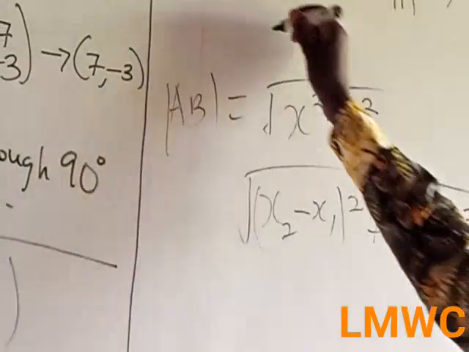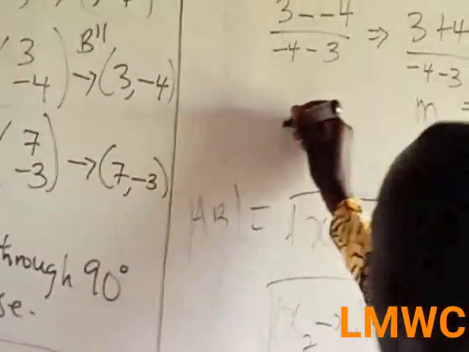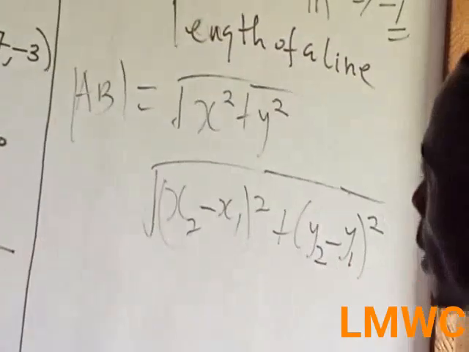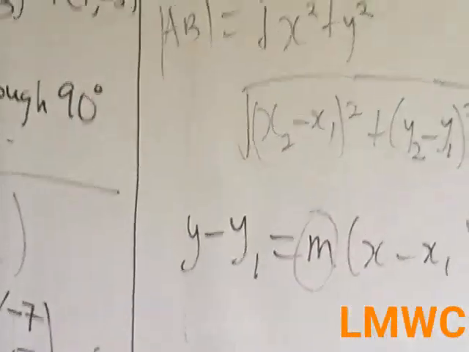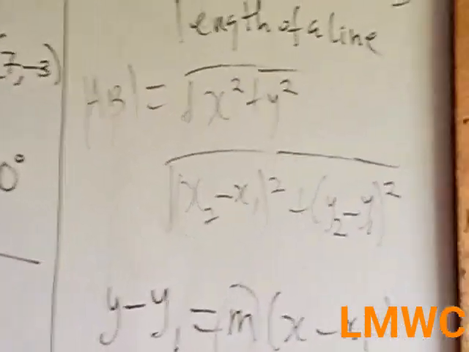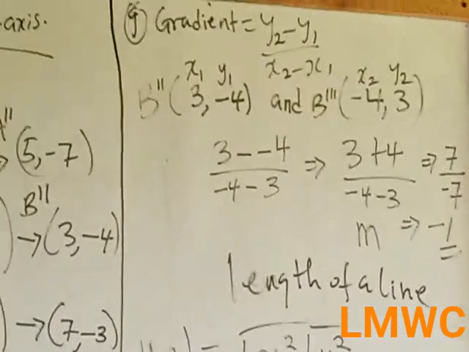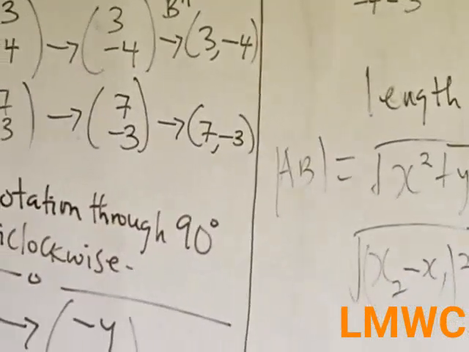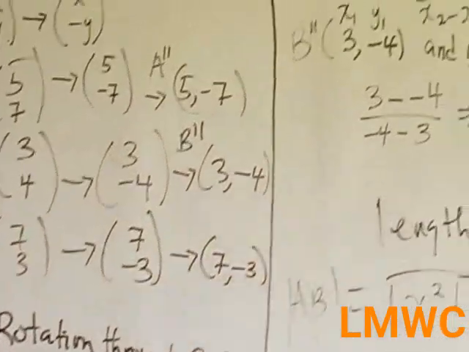I just want you to know the formula for the length of a line. And the equation of a line is y minus y1 is equal to m times x minus x1, where m is the gradient. So you first work out the gradient, and your y1, x1, you identify it in the question. You'll be solving many questions under transformation. Don't worry at all. I'm done with the workings, so I'm now going to sketch my graph.